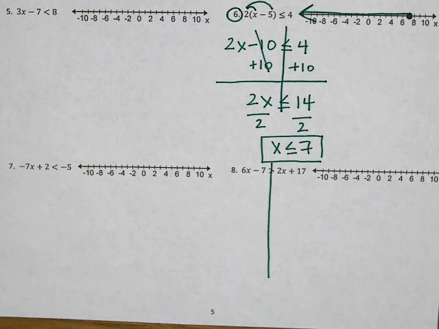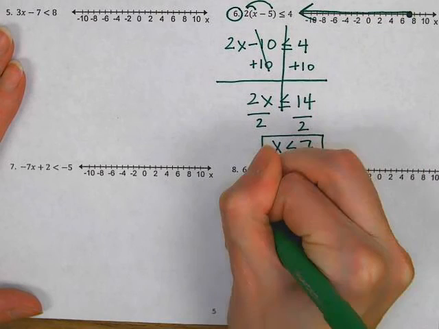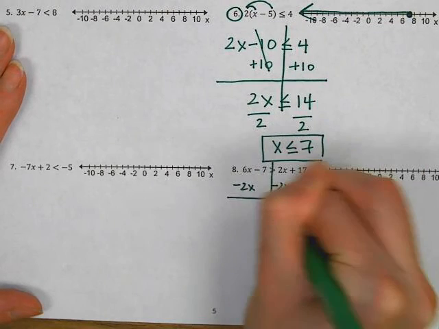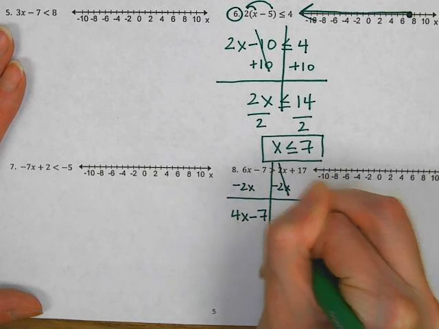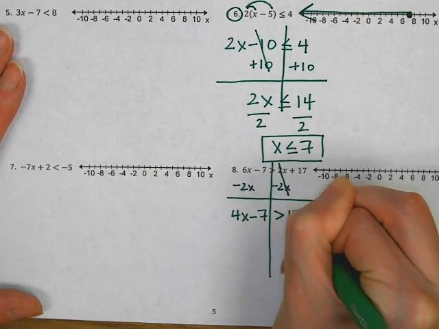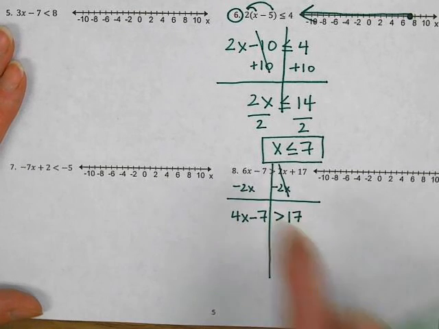All right, no distributing, no like terms. Let's get all the x's to one side. So I'm going to minus 2x, minus 2x. And then we're at 4x minus 7 is greater than 17. If the variables are on the left, then the constants go to the right.